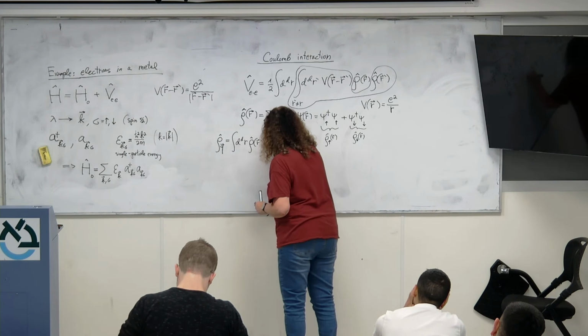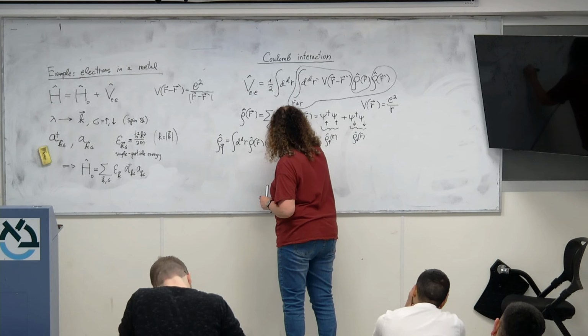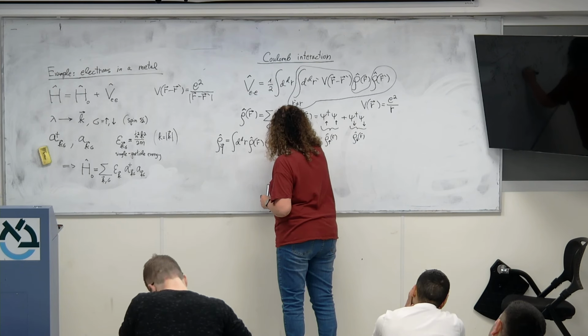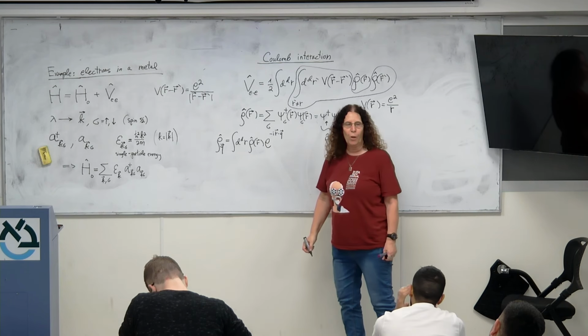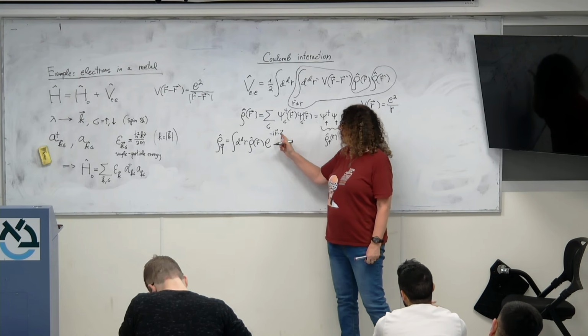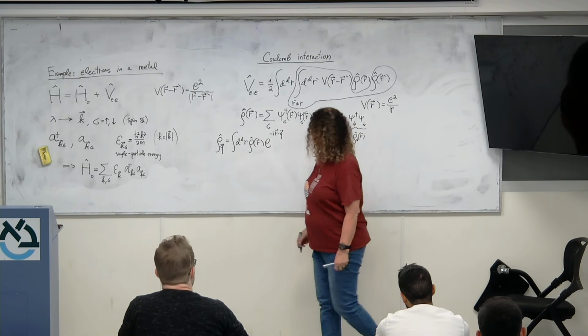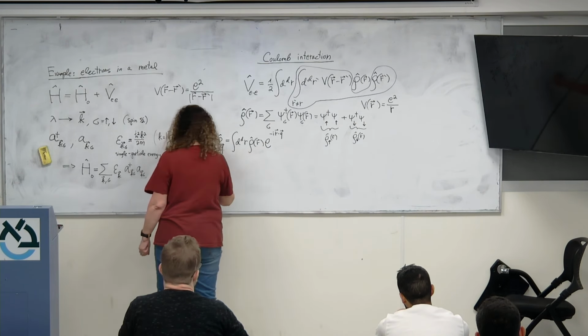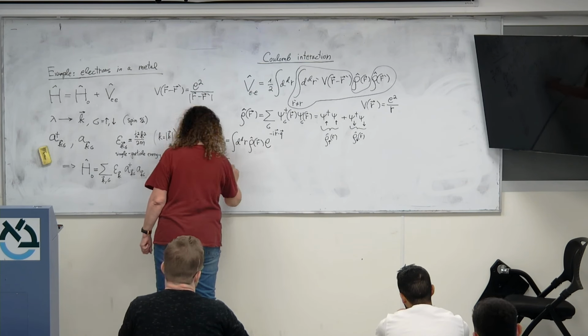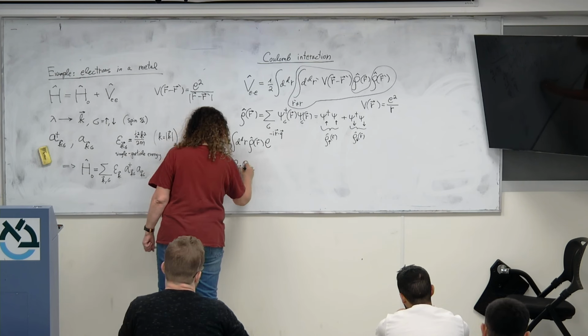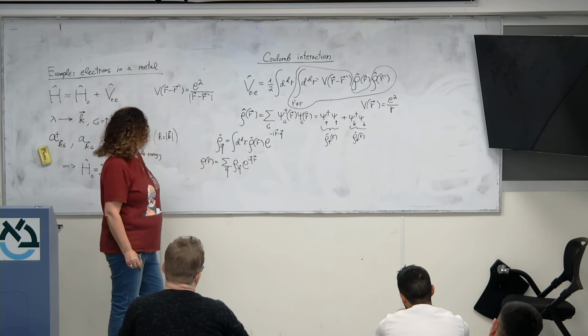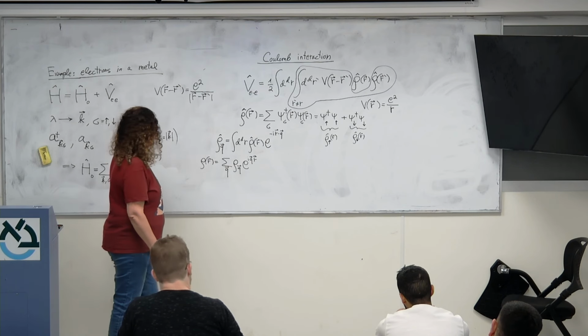So it's this times e to the minus i q dot r. This is the q Fourier component of rho. Conversely you can write rho of r as a summation over q of rho q e to the i q dot r. This is just the inverse transform.